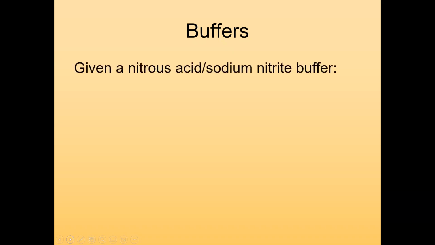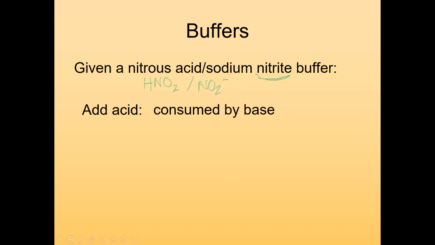So actually looking at these reactions that occur. If we have a nitrous acid sodium nitrite buffer, so that means that we have nitrous acid, which is HNO2, and sodium nitrite is going to have that nitrite ion, which is the NO2 negative. What happens is if we add an acid, the acid gets consumed by the basic part of the buffer, which is the nitrite ion.